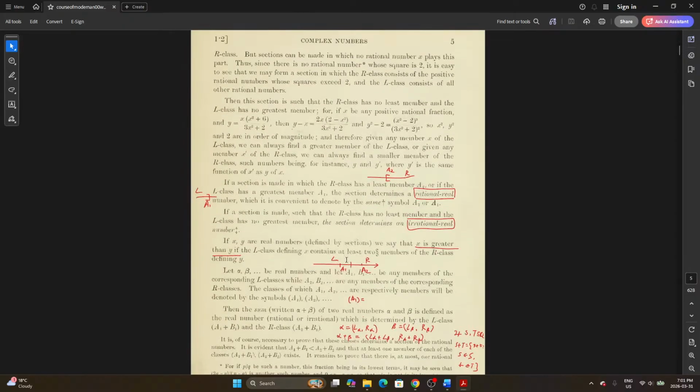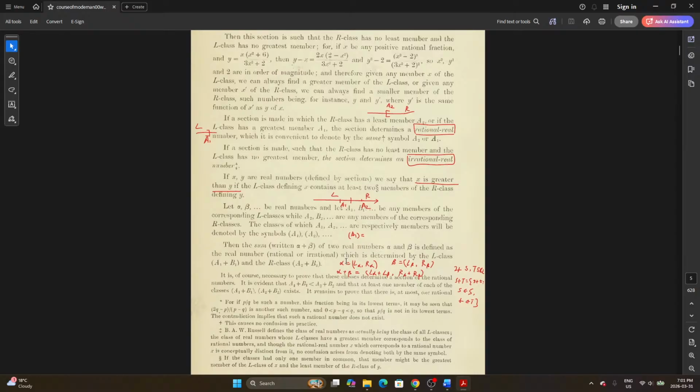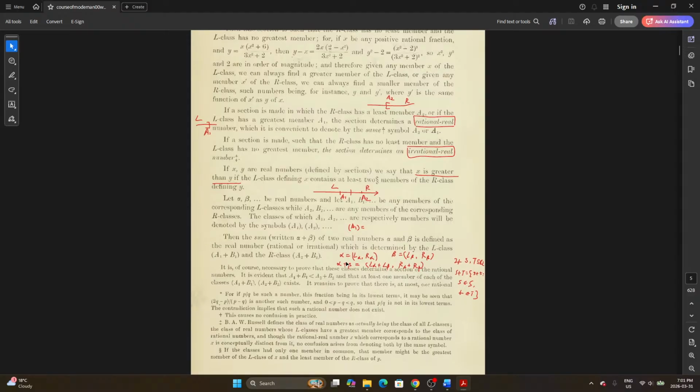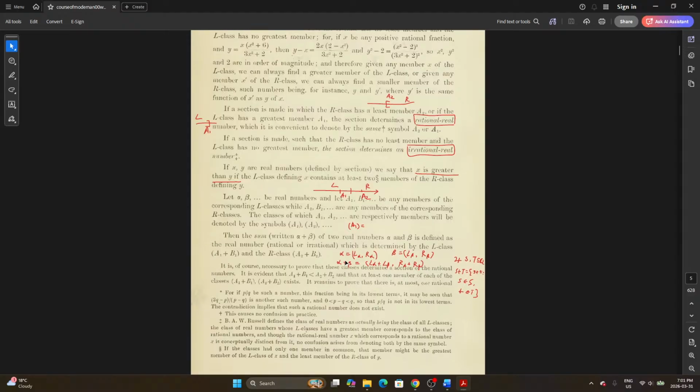And how do you define additions, multiplications, subtraction, division, all sorts of stuff between Dedekind cuts? We want these operations to behave in the usual way. For example, we want the addition to be commutative: A plus B equals B plus A. We want these things to hold.